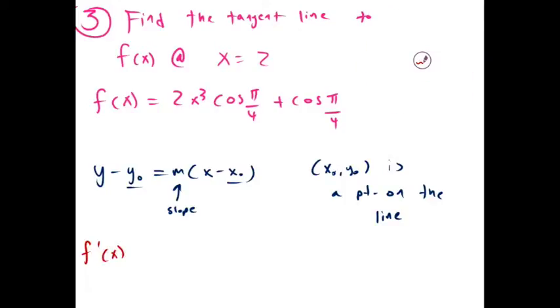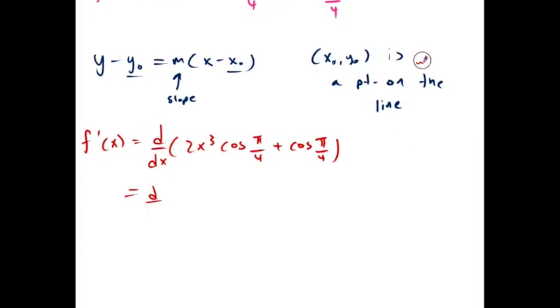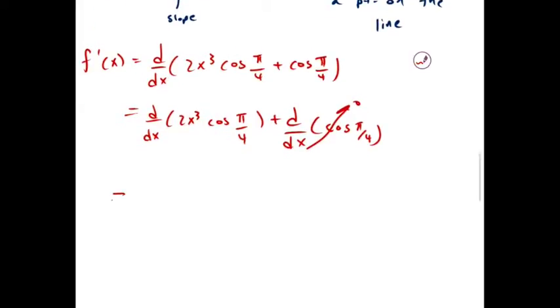So f prime of x is going to be d dx of 2x to the third cosine pi over 4 plus cosine pi over 4. So let's split this up. Since cosine pi over 4 is a constant, its derivative will be 0.